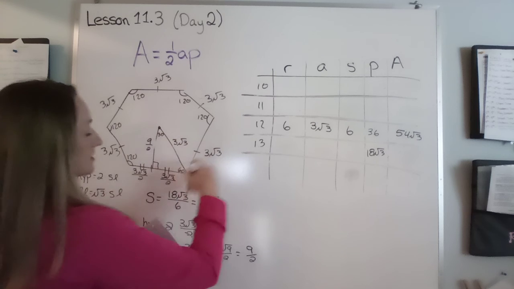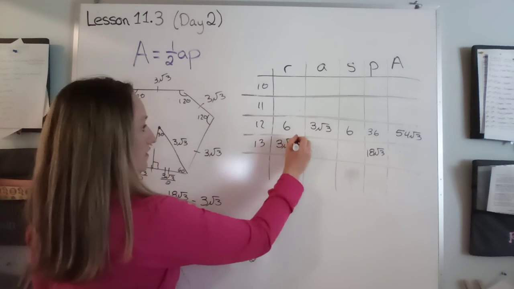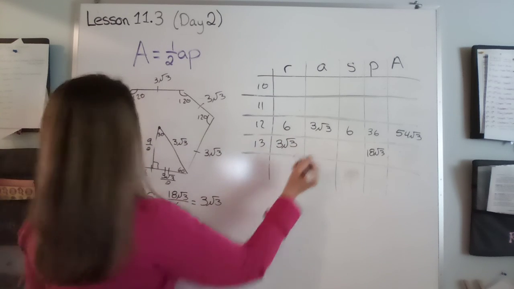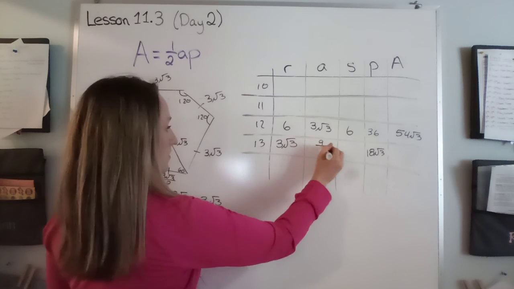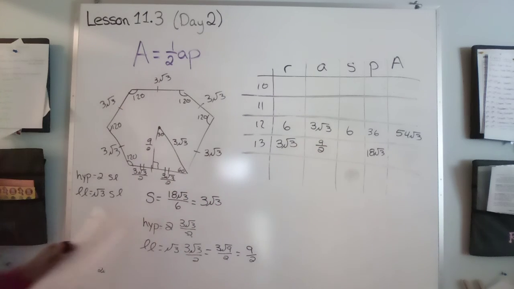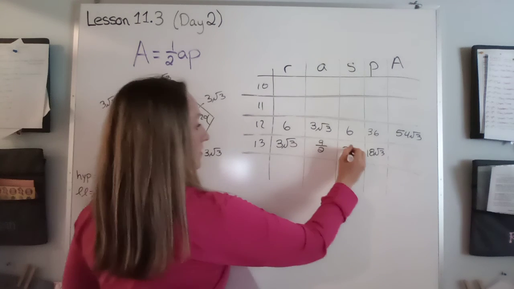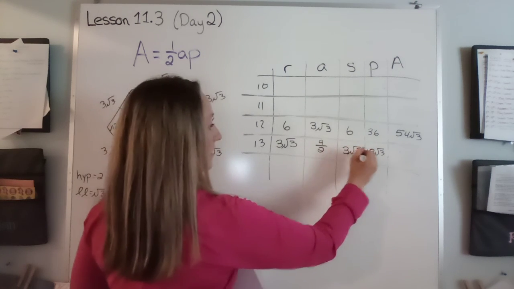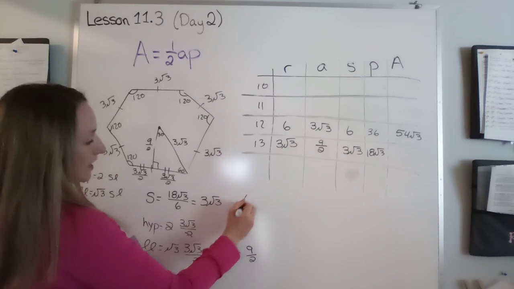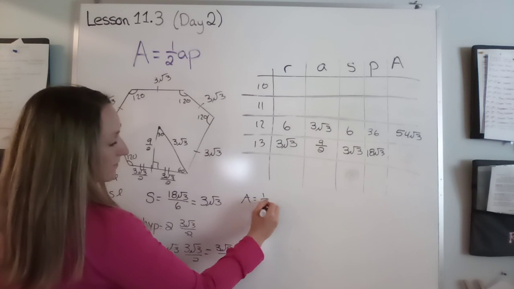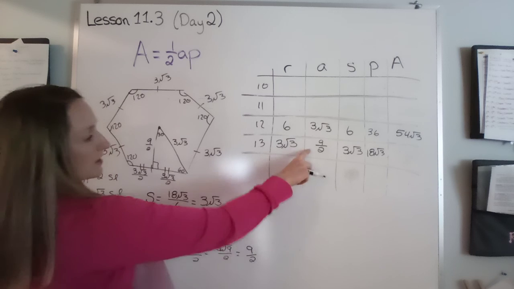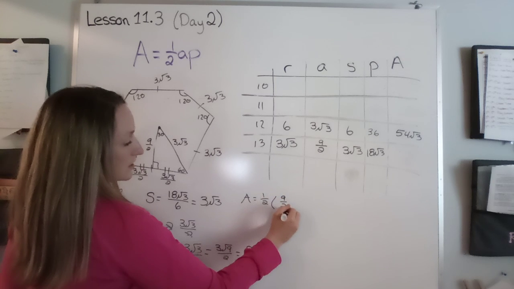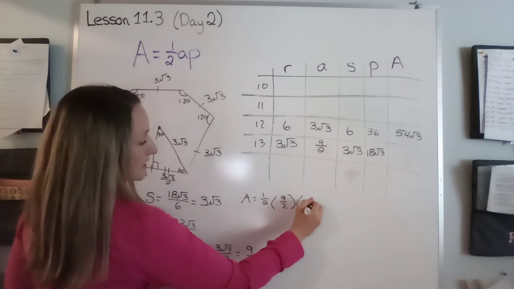So the radius is 3 root 3. Your apothem is 9 over 2. What else do I need? My side is 3 root 3. And your area. So the area is equal to 1/2 the apothem. The apothem is 9 over 2. Times the perimeter, which is 18 root 3.